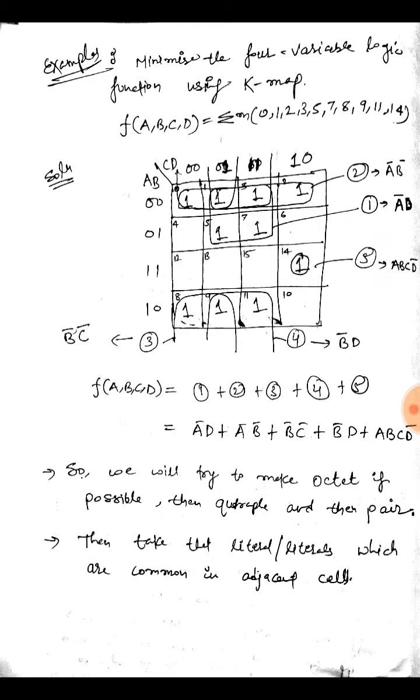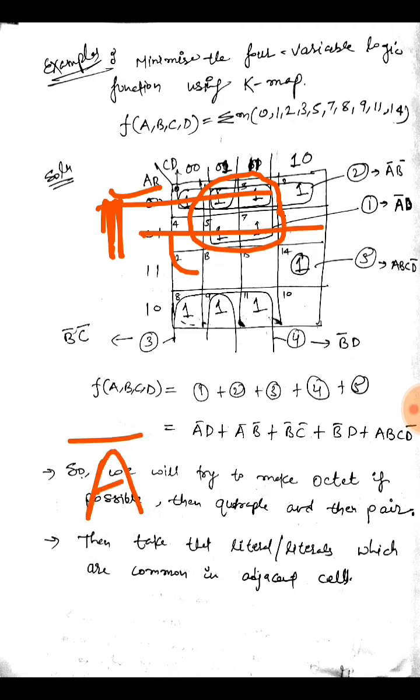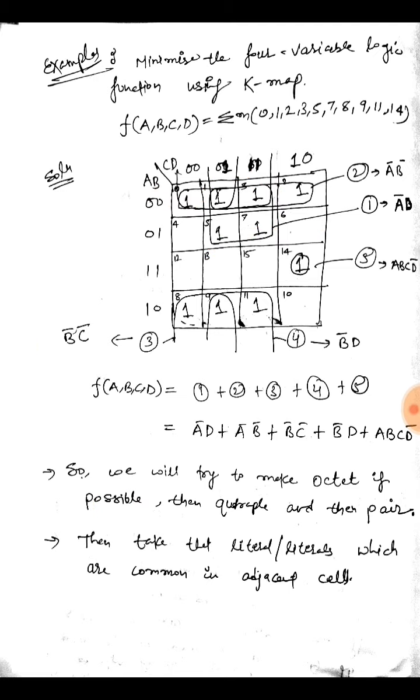So this is the first quadruple. So in this we can see that A is same, that is 0 0, B is changing. So A is same, for this row A is 0 and for this row A is 0, so I will take A bar. Similarly, for these two cells, what is same?